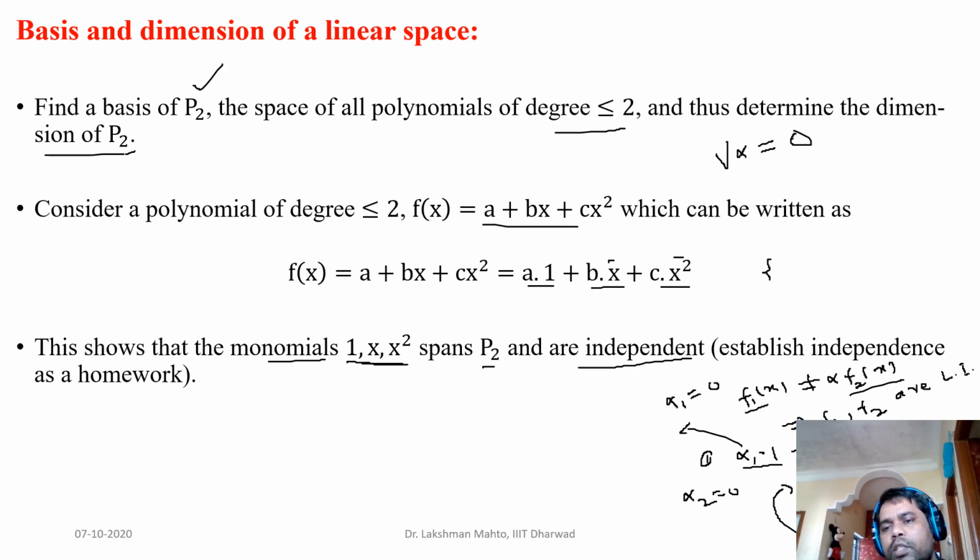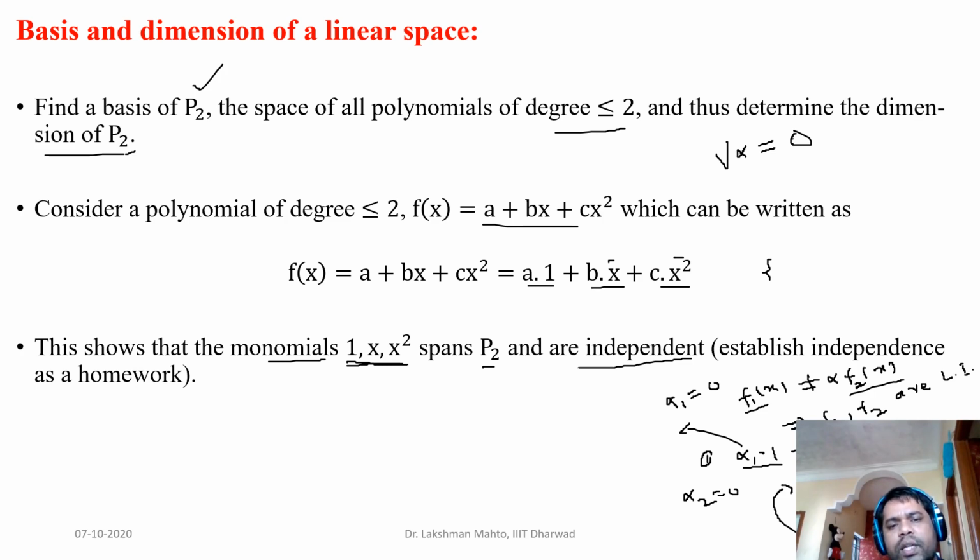That simply says that the linear relation of these three functions or polynomials has only the zero solution, the trivial solution. There is no non-zero linear combination. That's why these polynomials 1, x and x square are linearly independent.